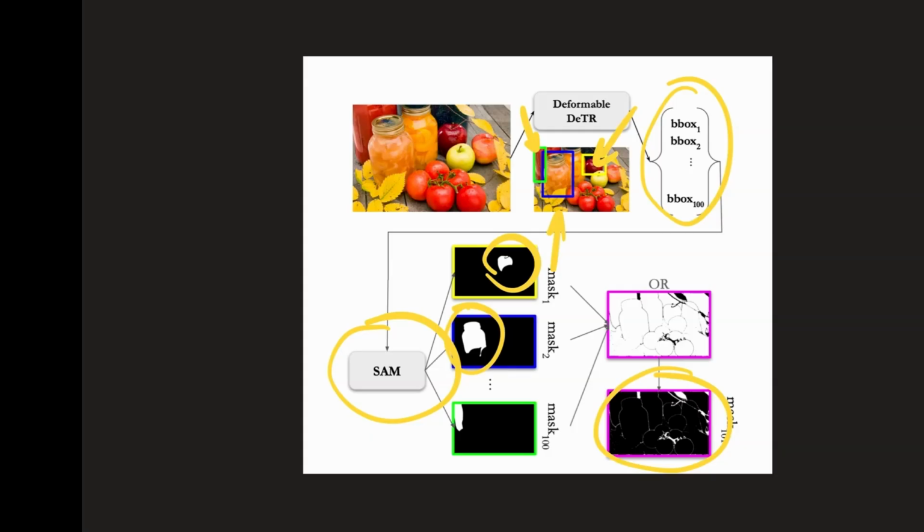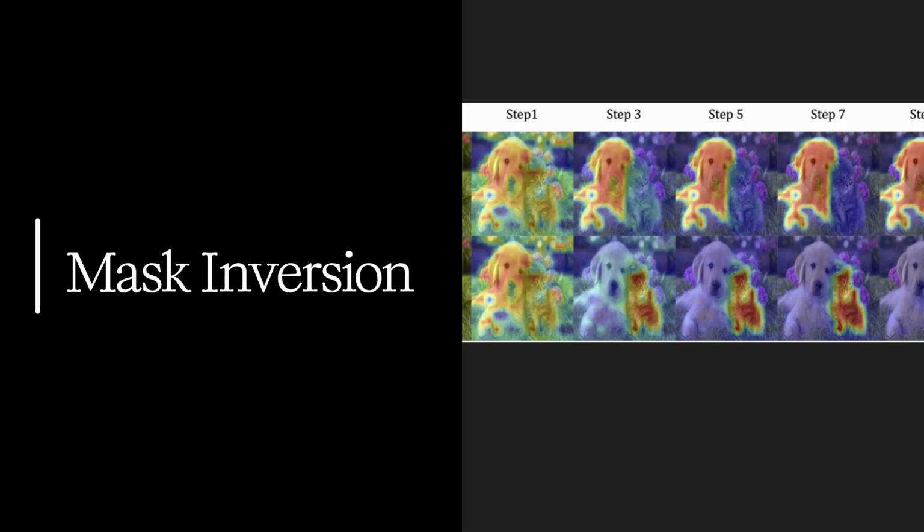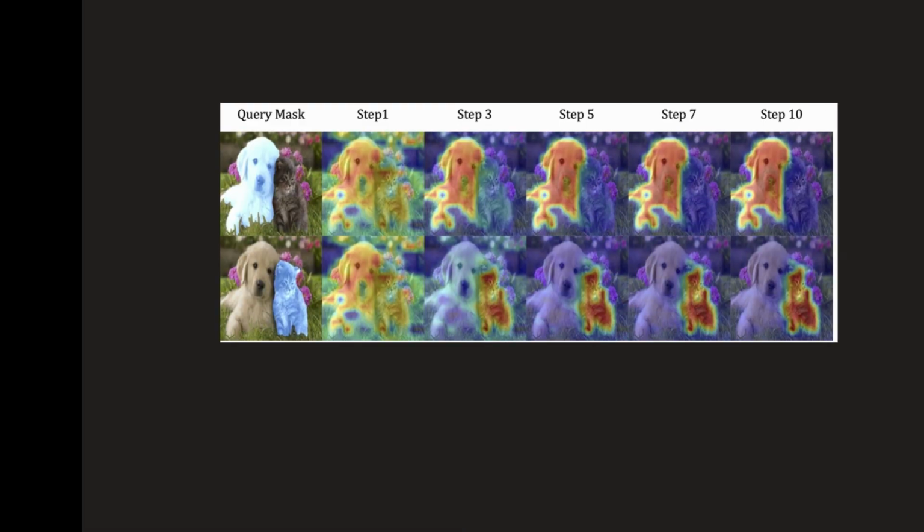Now the last part is how we're going to turn the mask into tokens. Each of these masks right here is going to have to be converted into a single embedding. But instead of just averaging features inside the mask, the model uses a method called mask inversion. So here's the intuition of mask inversion. Instead of reading features from a region, we optimize the token such that its explainability map aligns with that region.